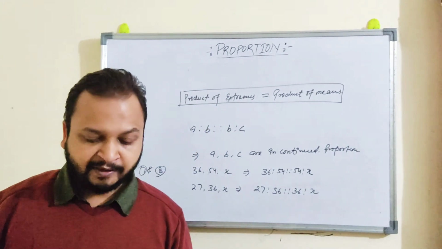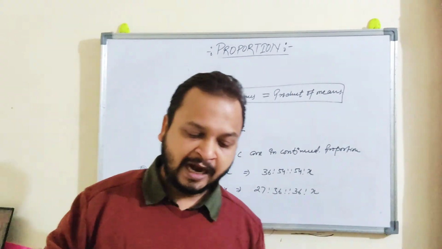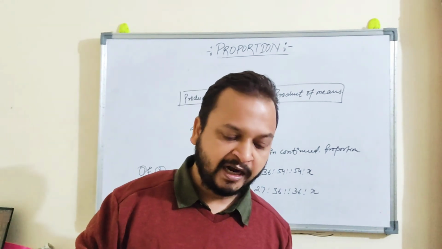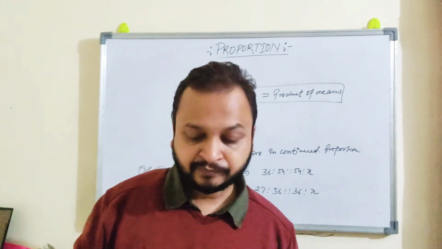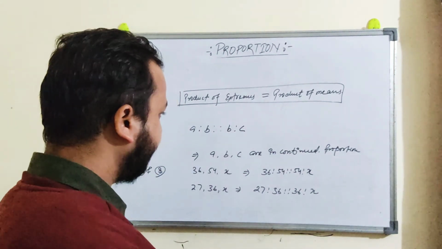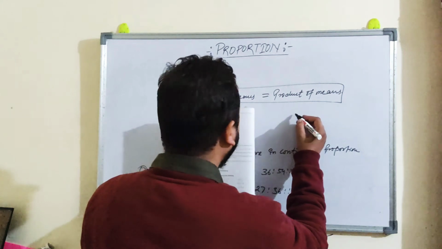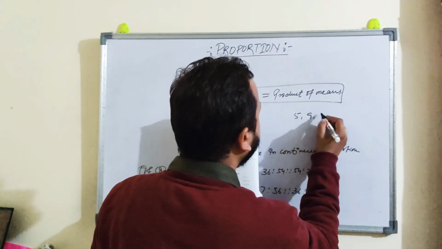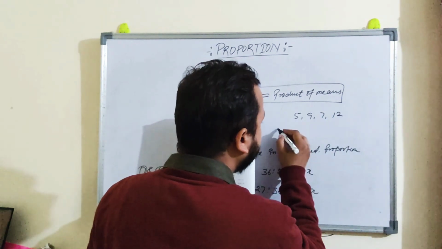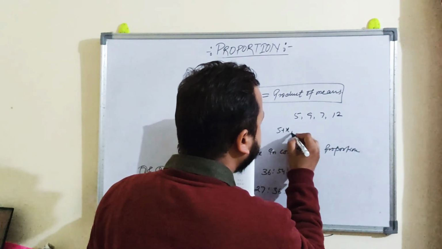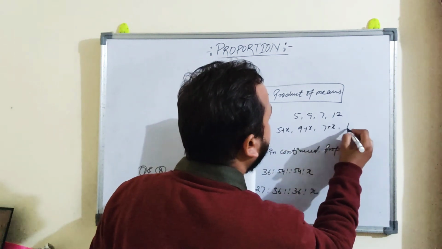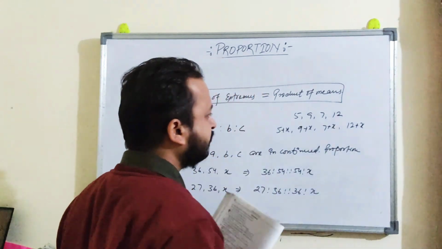In question number 12, it is written: what number must be added to each number 5, 7, 9 and 12 to get numbers which are in proportion? So if you add x to all the numbers, you get 5 plus x, 9 plus x, 7 plus x and 12 plus x.